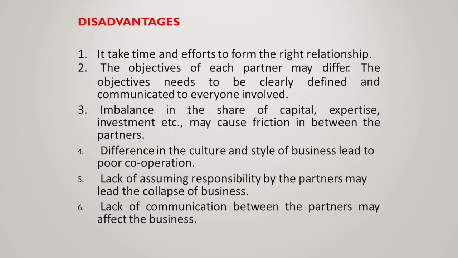Lack of assuming responsibility by the partners may lead to the collapse of the business. Half of the road is laid and B felt that the total work was being executed, so next Monday onwards he is not going to supervise. A thought that B is doing that work.